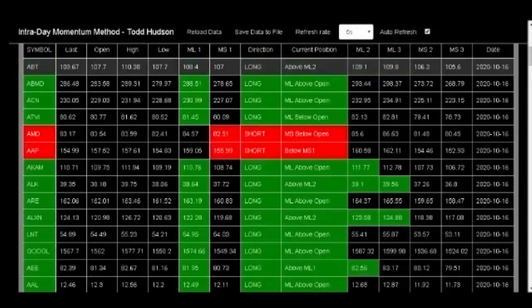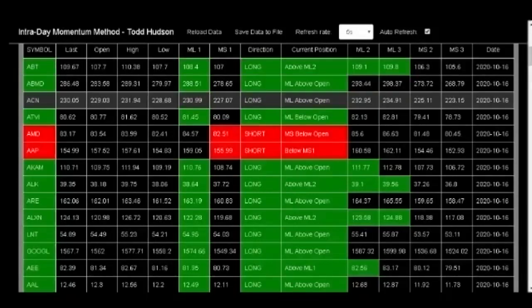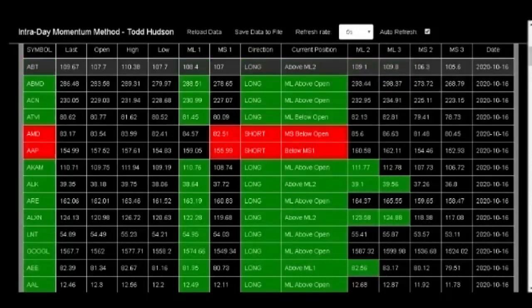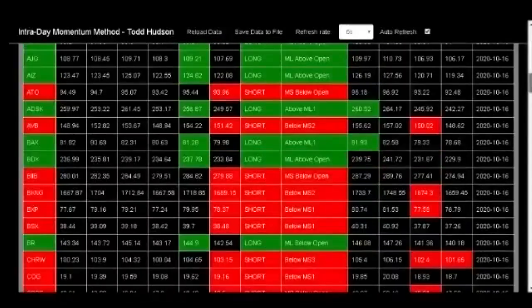So basically, this shows you that if a stock reached a level, it turns green, and it tells you the current position, as well as extended levels that it met. So if it met an extended level up, those are turned green. If the stock met an extended level down, those would turn red, as you can see here.